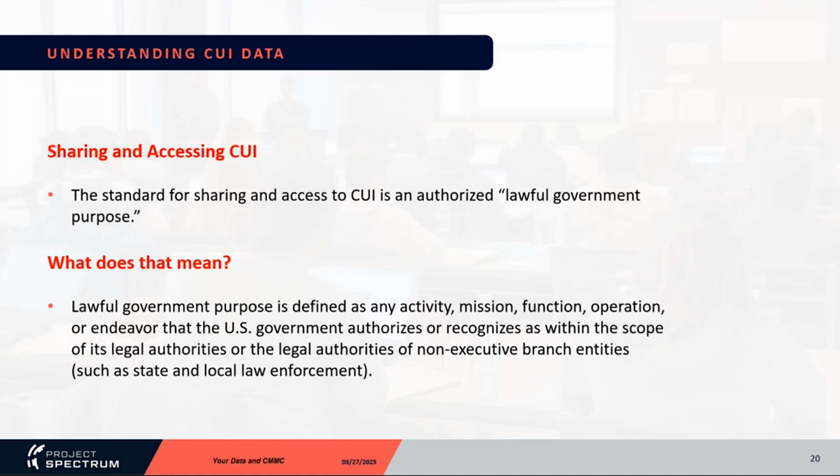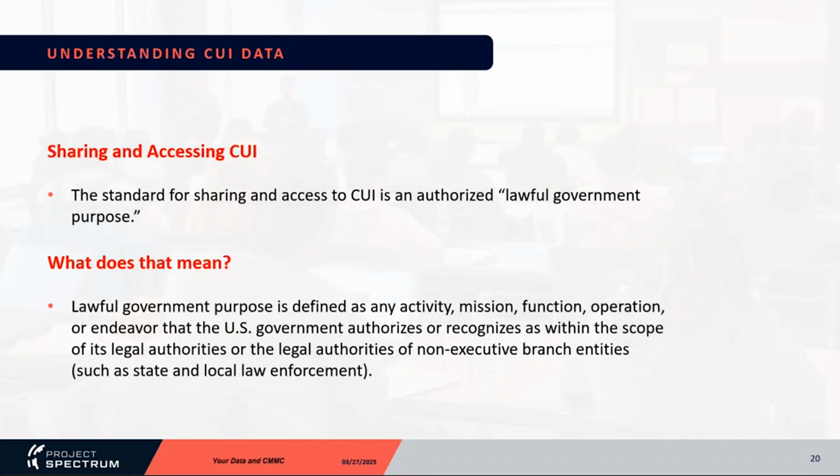Now, when it comes to sharing and accessing CUI, the standard is that anybody who needs to see it under a lawful government purpose, you can share it. If there's no lawful government purpose to access that information, it should not be shared with somebody. So what does that mean?